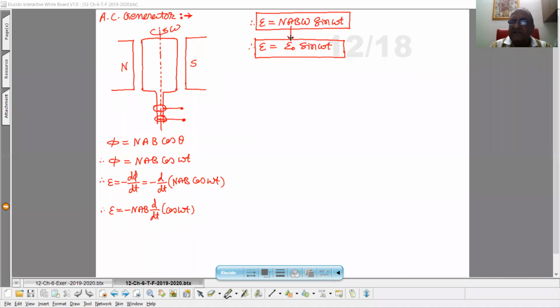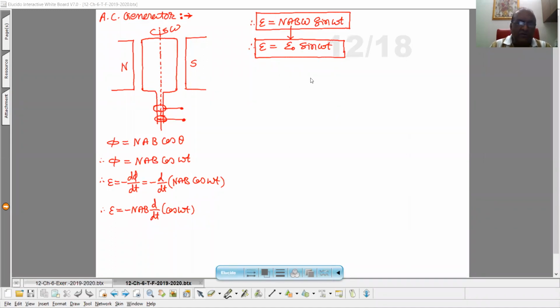Suppose we say this is E maximum or E0, then we can say across those two terminals, we get the voltage that will change from plus E maximum to minus E maximum, or plus E0 to minus E0, as sine function changes from plus 1 to minus 1.